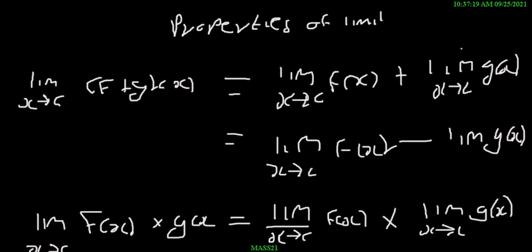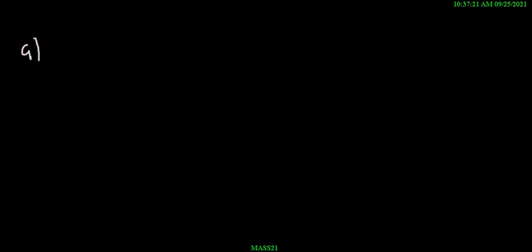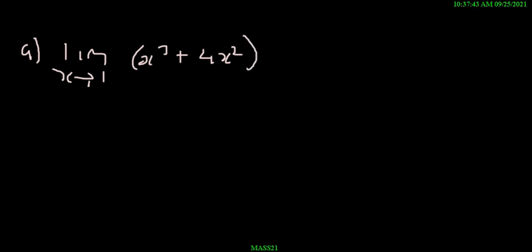So example 1, based on the first property, based on the sum and difference. So let's say find the limit of x to the power 3 plus 4x to the power 2 as x approaches 1.